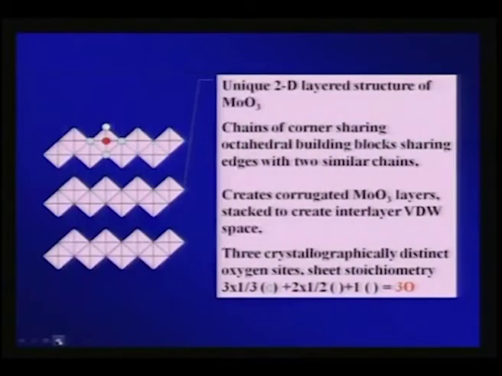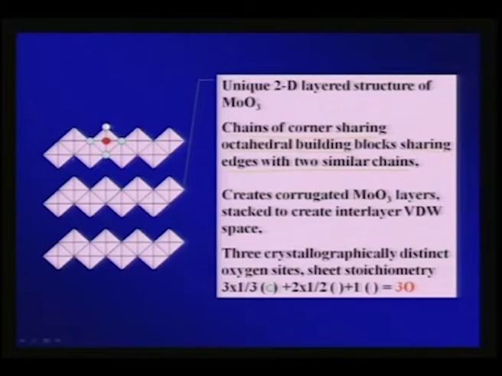For example, if you take this example of unique 2-dimensional layered MoO3, you can see there are chains of corner sharing octahedral building blocks, and they are shared by edges with two similar chains.